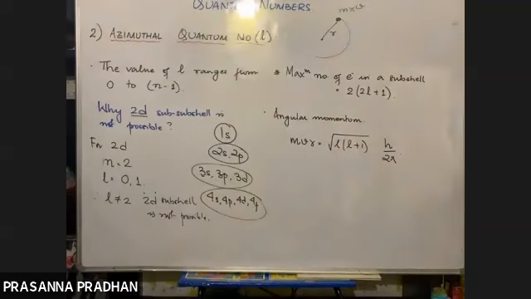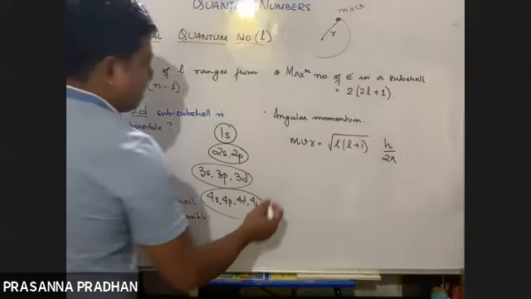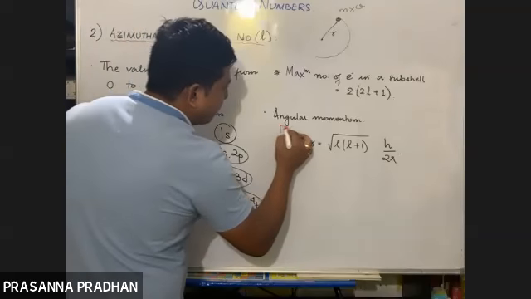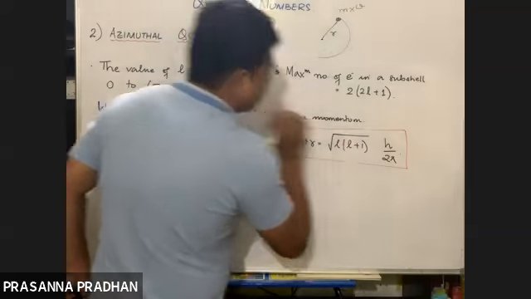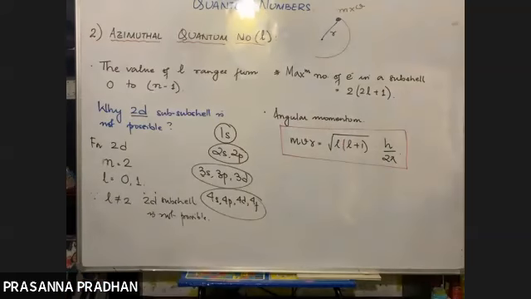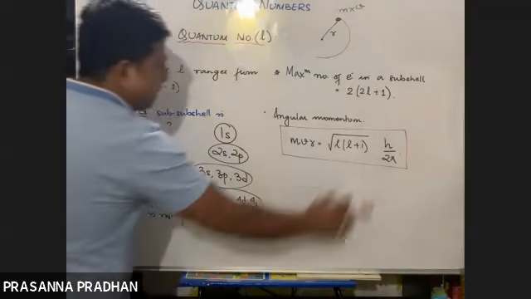This is the formula for calculating the angular momentum. So we can also calculate the angular momentum of an electron with the help of the azimuthal quantum number. Write down the formula.